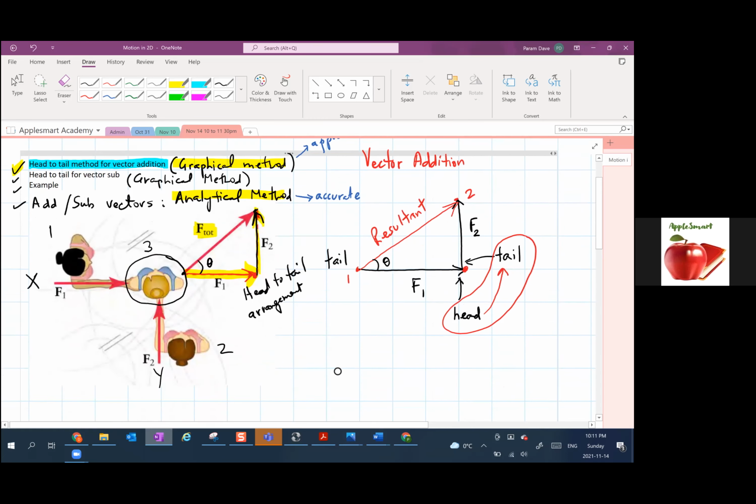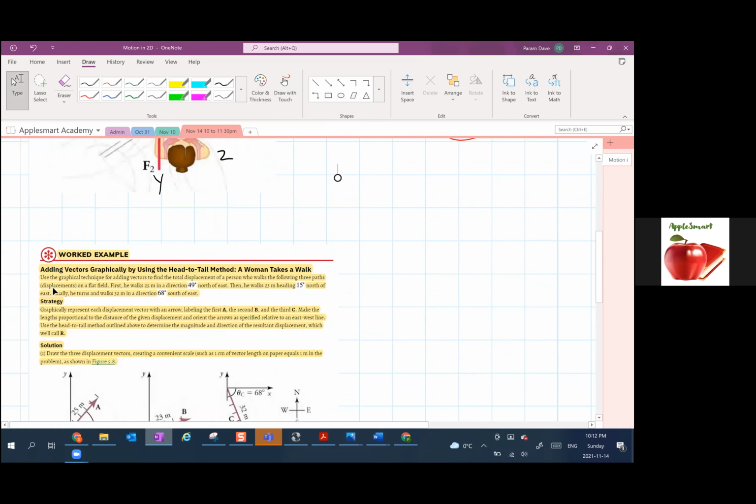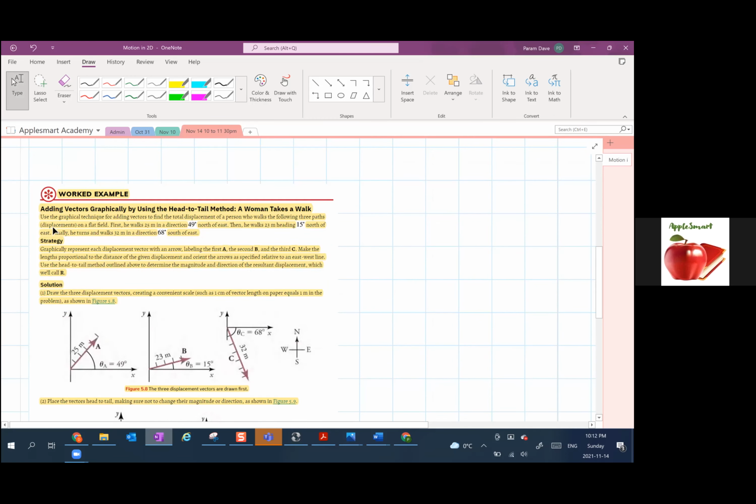So let's do a worked example to understand how you add the vectors, how you put them head to tail, how you find out the resultant vector and its direction. I'm going to take a pause here just to make sure everybody is on board with this. Any questions for me so far?